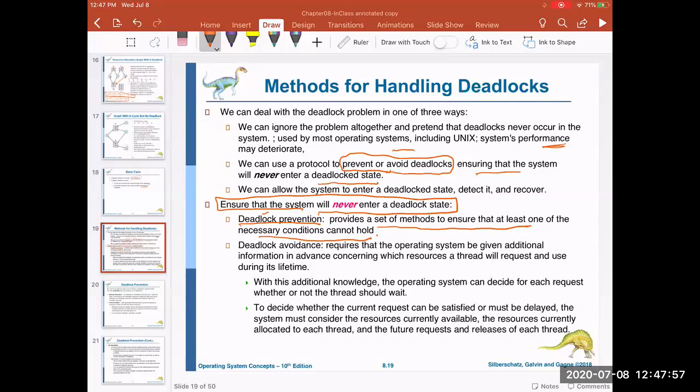Deadlock avoidance requires some extra information from a thread, like how many resources it wants to use while it is executing. Based on that extra information, we have an algorithm. We will be discussing that algorithm. That algorithm would identify whether to grant the request of the thread or not, whether to allow this thread to enter the system for execution or not.